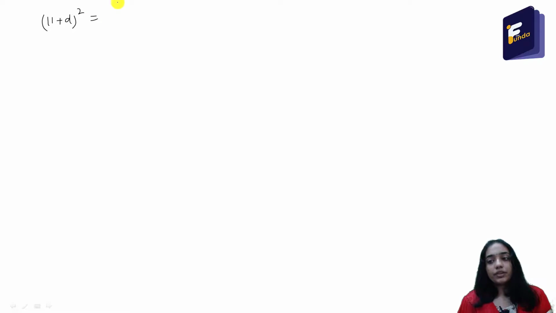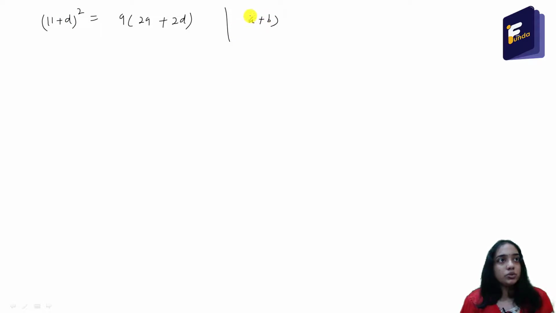What we are given is that 11 plus D whole square equals 9 into 29 plus 2D. So what is A plus B whole square? This is just a formula: A plus B whole square will be equal to A square plus B square plus 2AB.